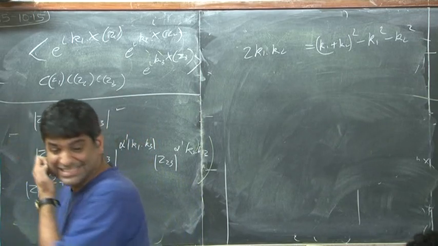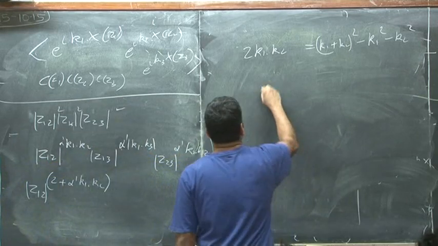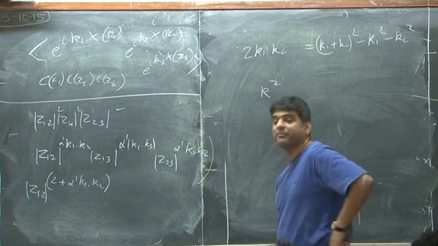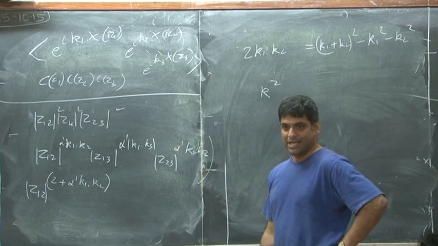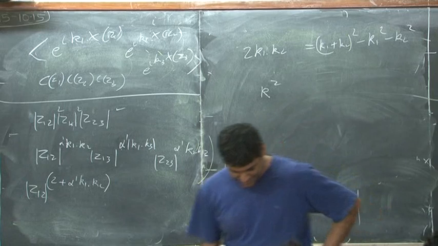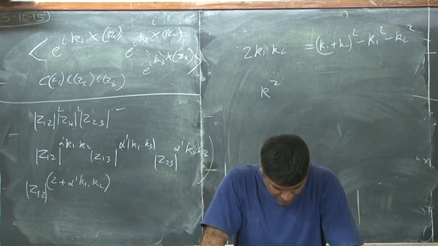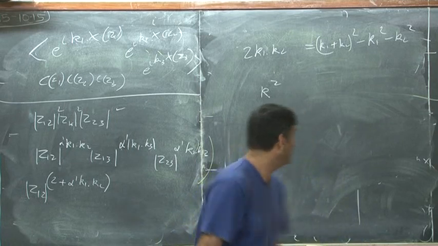What was the tachyonic condition? What was the condition for tachyons? The condition for tachyons was that K squared, now we have to get this right, we're using mostly plus, so K squared is equal to plus or minus, just a minute. K squared is equal to plus, because it's tachyons.